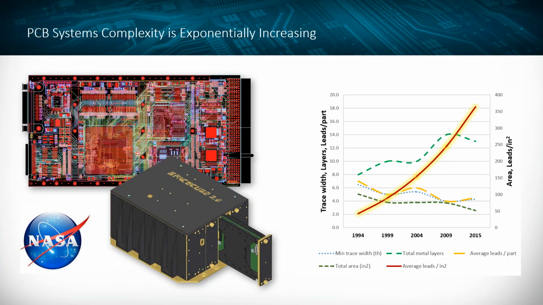This can cause a lot of issues. If we're having more and more leads per square inch, we're having more and more vias, potentially more and more power planes. It can add a lot of complexity to your system very quickly. So it's imperative to be able to run different types of rules that would not normally be checked just against your design rules. A simple example of this is a trace crossing a gap in a reference plane.